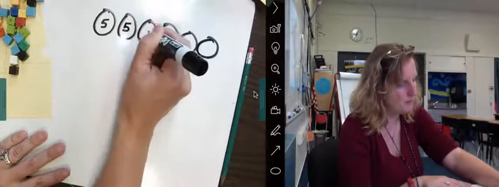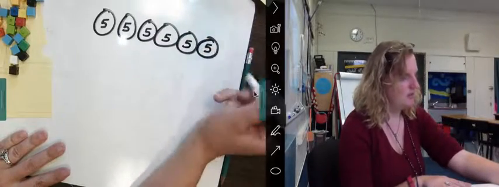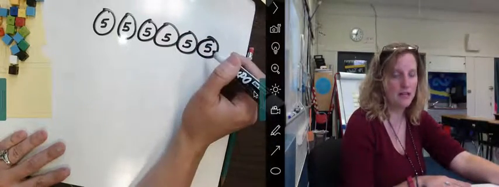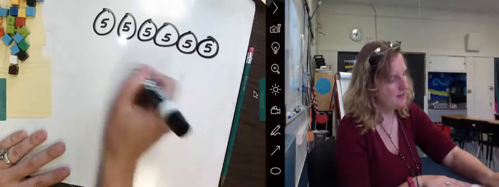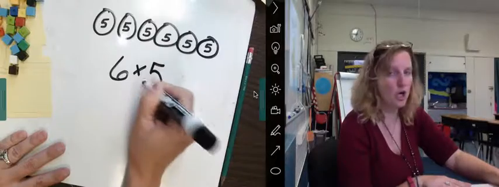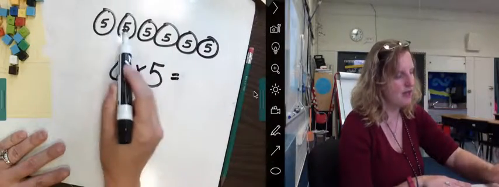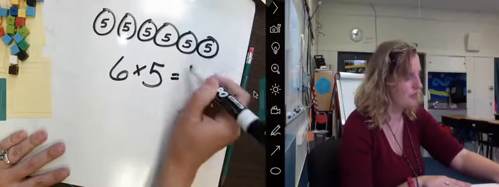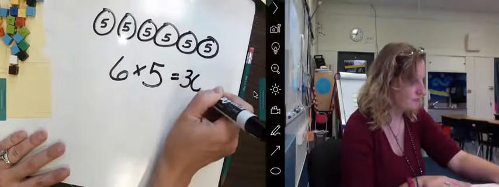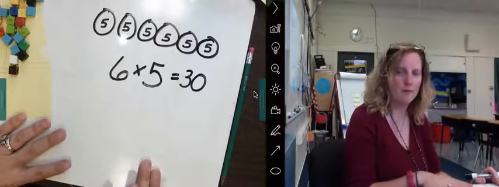I just write my number of how many are in each. And then I'm going to write my multiplication problem. I had 6 nests times 5 eggs per nest equaled, and how many total were there? 5, 10, 15, 20, 25, 30. So that goes ahead to solve my problem.